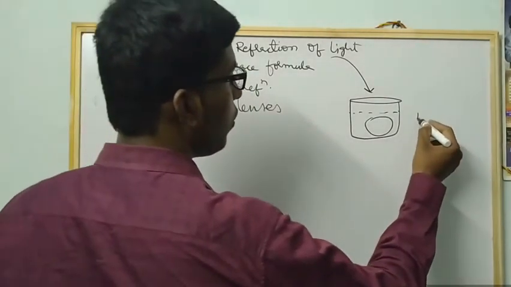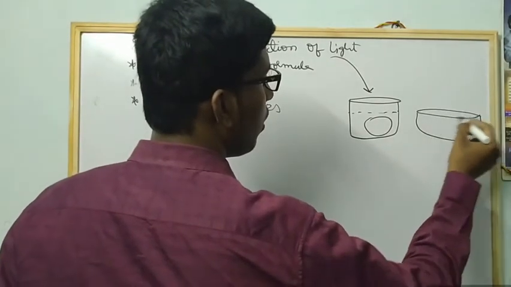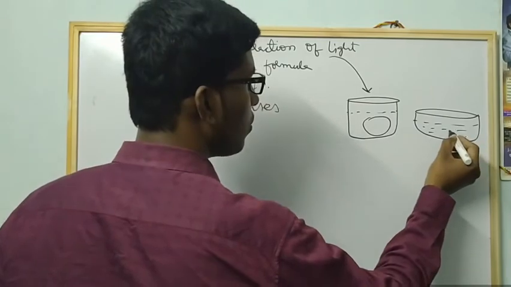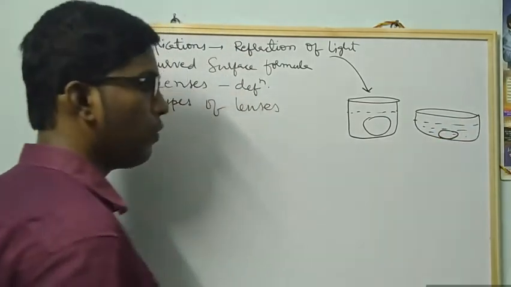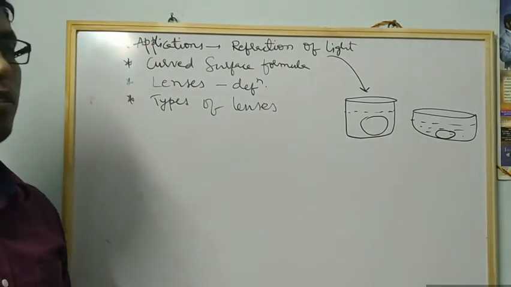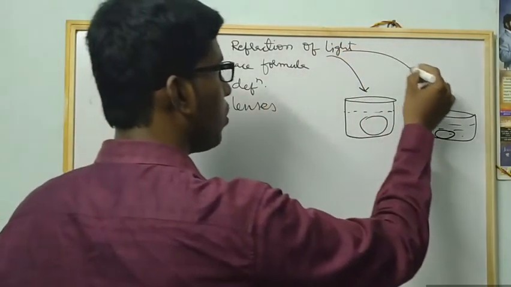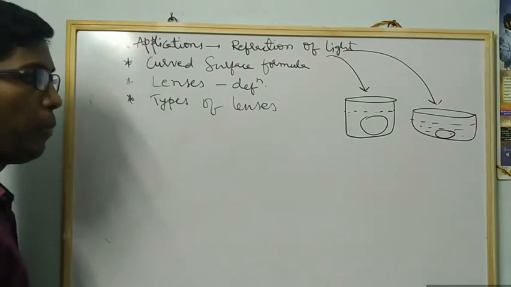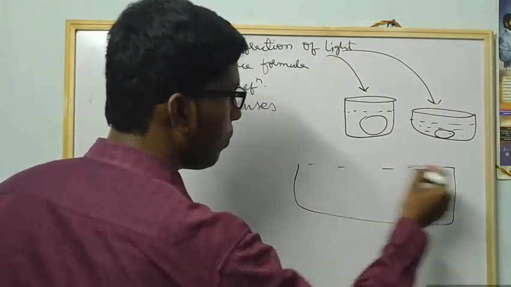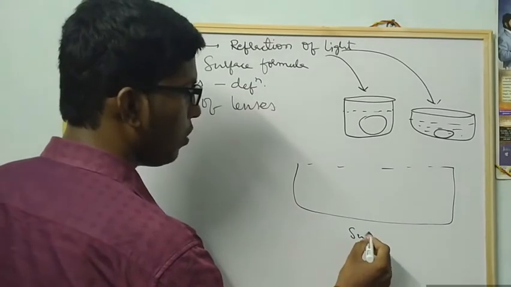Second, suppose you take a coin. This is a tumbler and this is water. Inside the tumbler, if you place a coin, the coin appears raised. So why? Because of refraction of light. Suppose you go to a swimming pool. This is a swimming pool.